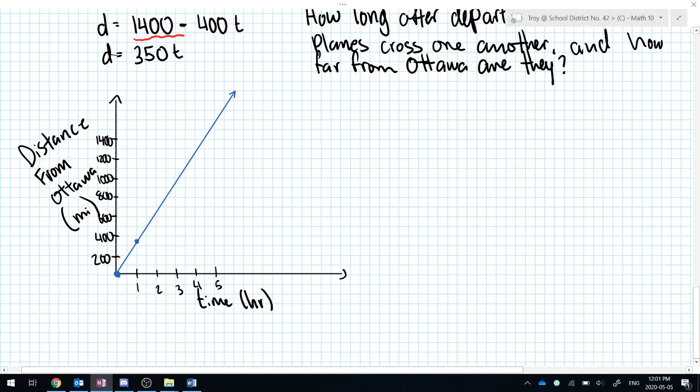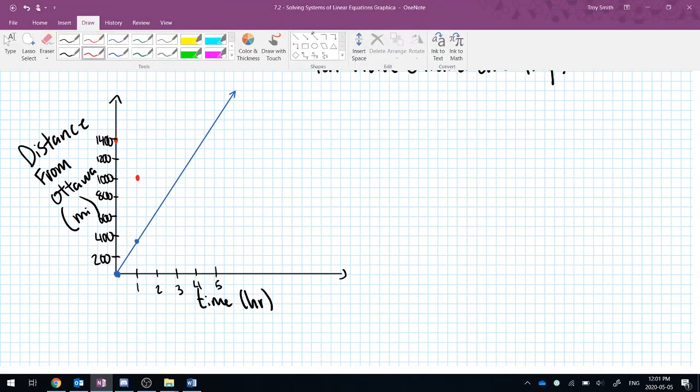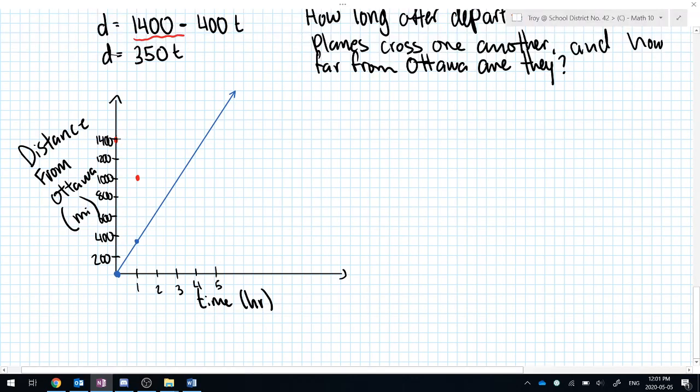This is b plus mx instead of mx plus b. So that one's going to start at 1,400, and its distance is going to go down as it gets closer to Ottawa. So this one has a negative 400, which means it's going to drop down 400 in 1 hour, which is going to be right there. So it's going to look like this.